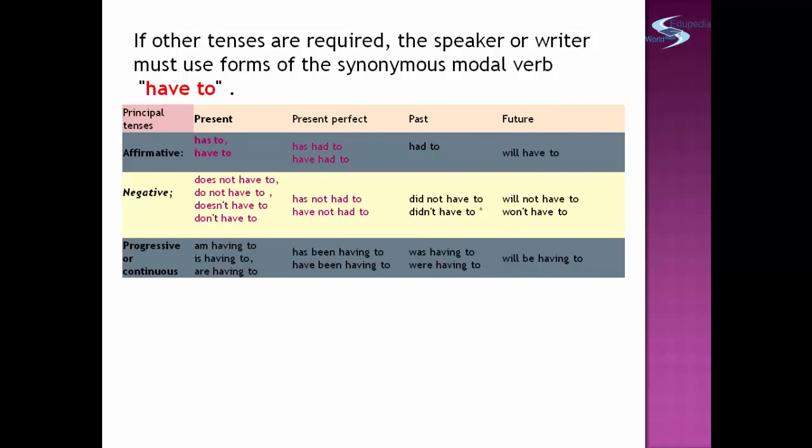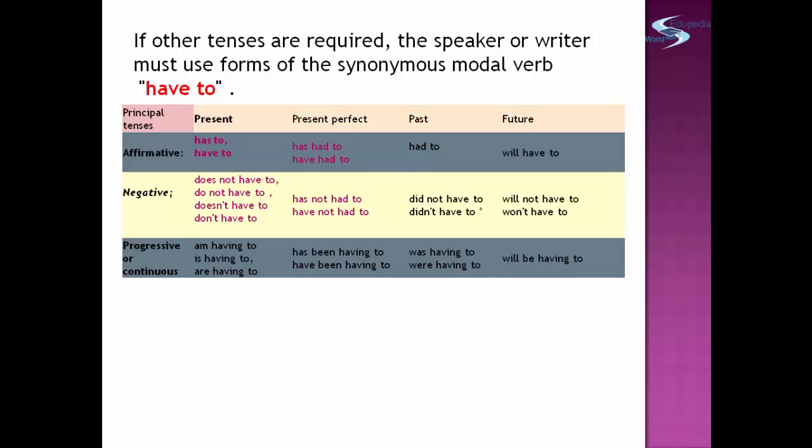Principal tenses: we have affirmative, negative, and progressive or continuous. In the present tense, affirmative has to, have to. Present perfect affirmative has had to, have had to. In the past, affirmative had to, and in the future, affirmative will have to.